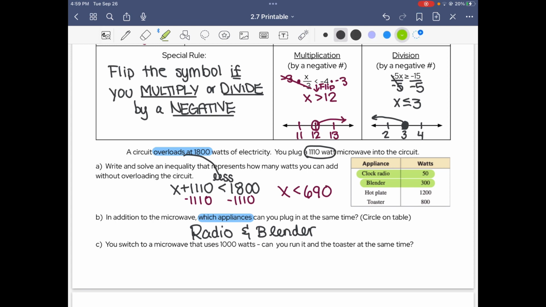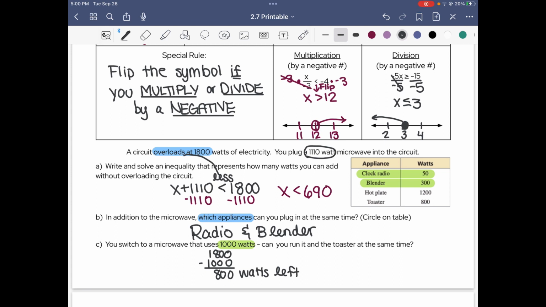Part C says you switch to a microwave that uses 1000 watts. Can you run it and the toaster at the same time? If it can take 1800 and we subtract 1000 instead of the 1110 we did before, that means we have 800 watts left.